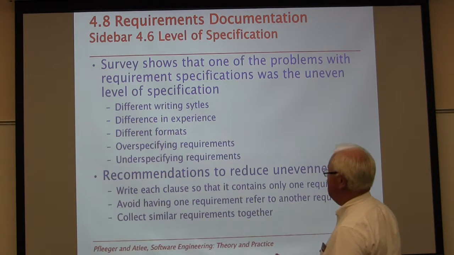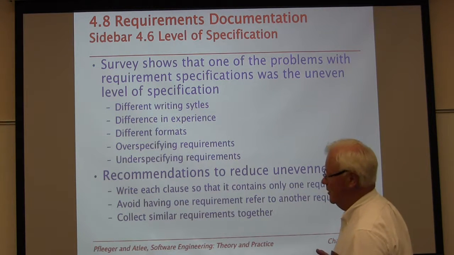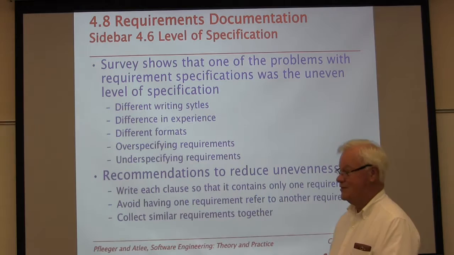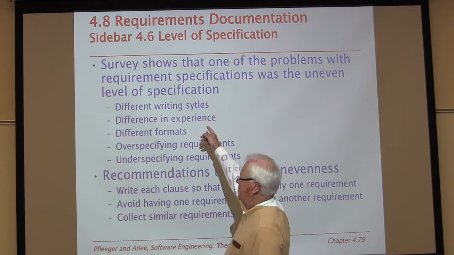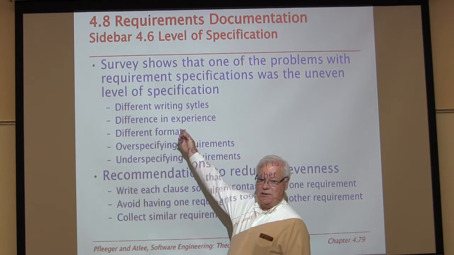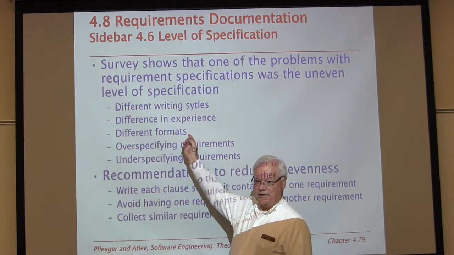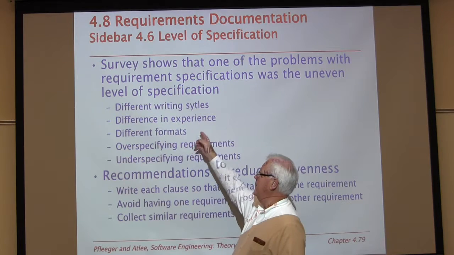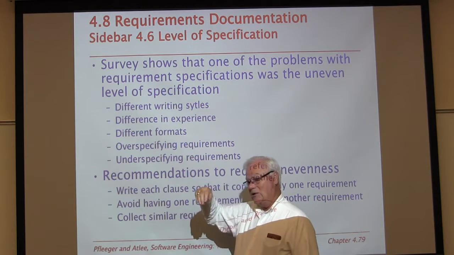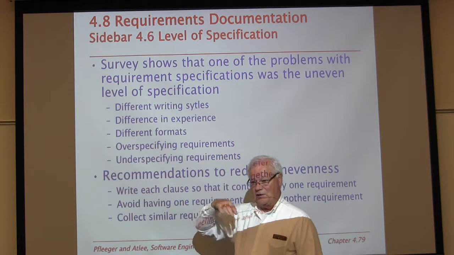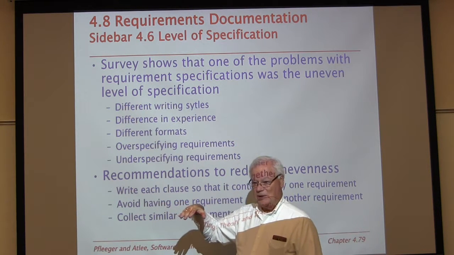We can have different writing styles. That's not titles, that's writing styles. The difference in the experience from the different analysts who are talking to the customer. Sometimes we call these people analysts. Okay? The difference in experience between the different analysts, because they might be going to different departments of the firm. These could be large projects.